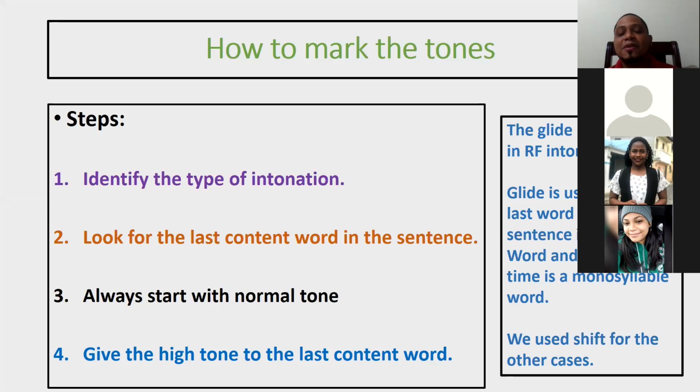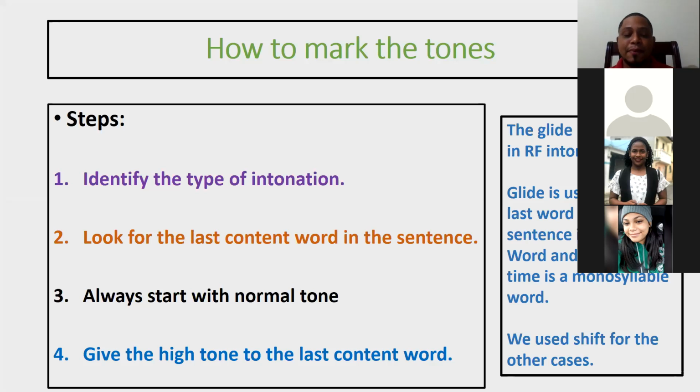Then step number 2, in the sentence, you have to look for the last content word in the sentence. And this is why I told you that you had to study chapter number 4, because in chapter 4 is where we learned what is content and what is function, okay?